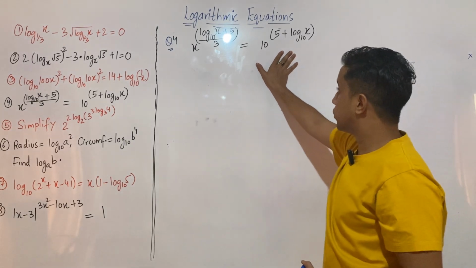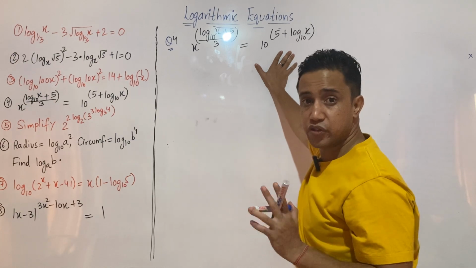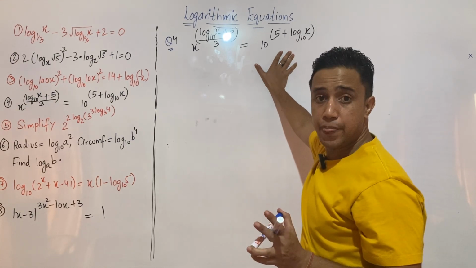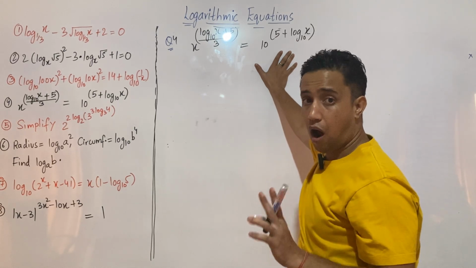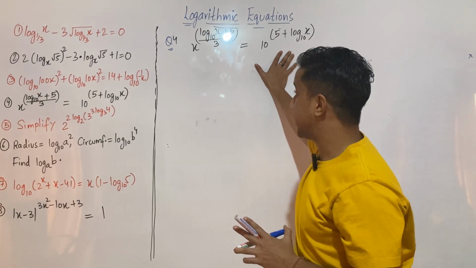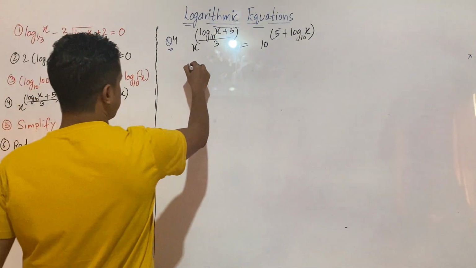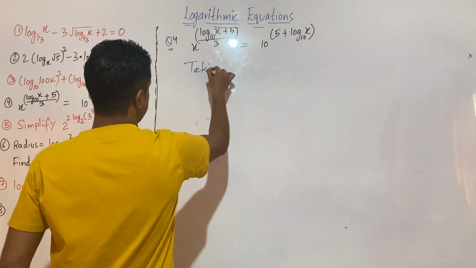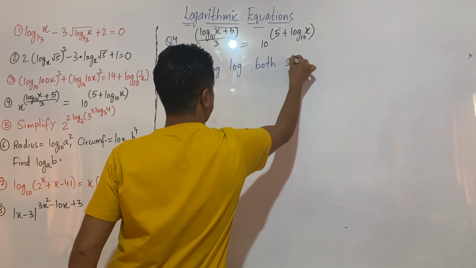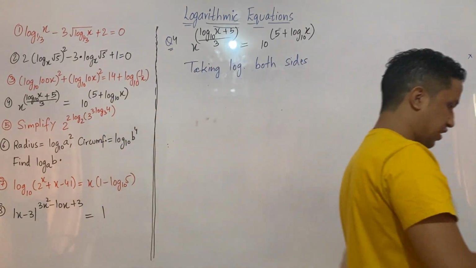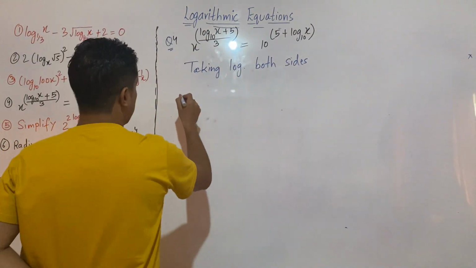So what we can do is, when two numbers are equal, if we take log both sides, then their logs are going to be equal too.